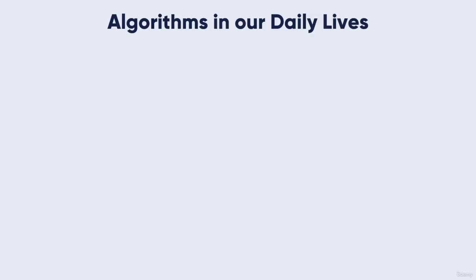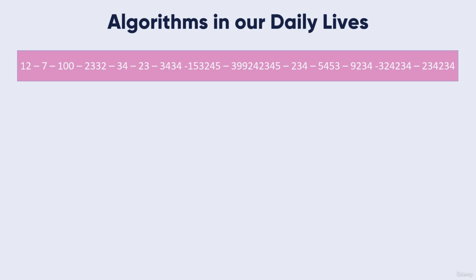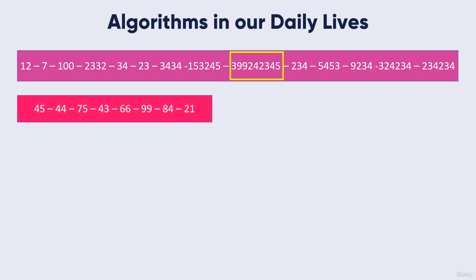Algorithms are also in our daily life. Think about the arrangement of a game leaderboard. You need an algorithm to help you find the smallest or largest number in a list of thousands of numbers. So you need an algorithm to find the correct number and the correct score. Or you need to keep track of the highest score in a video game.